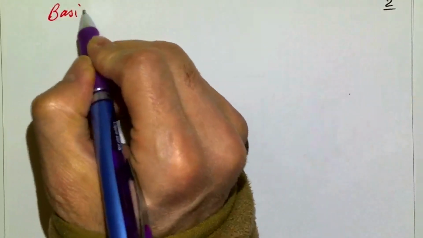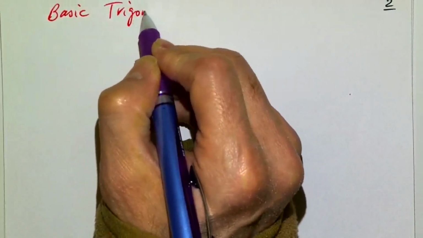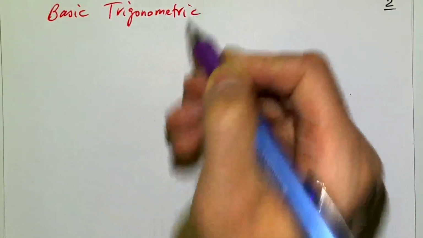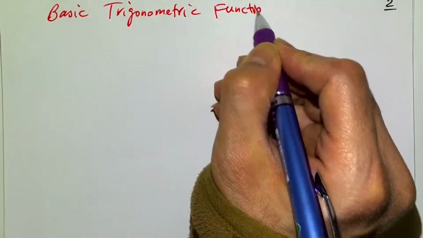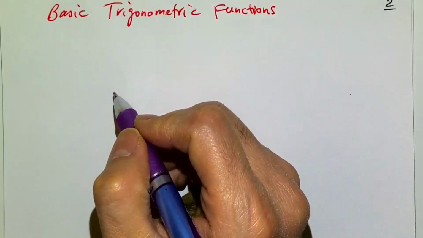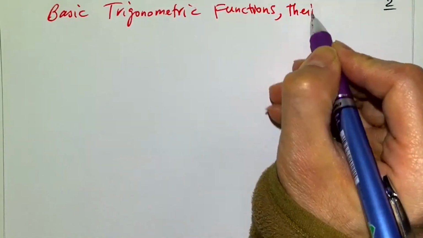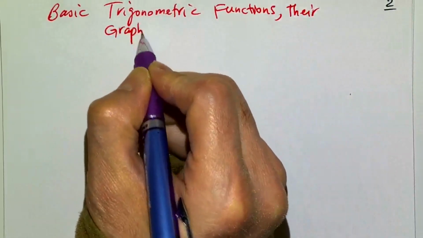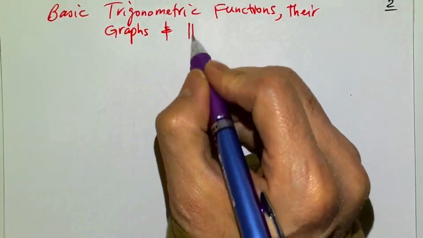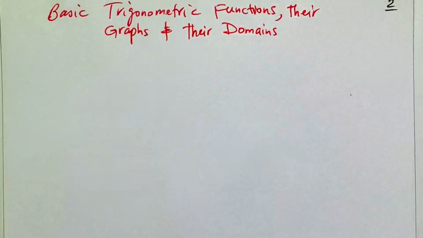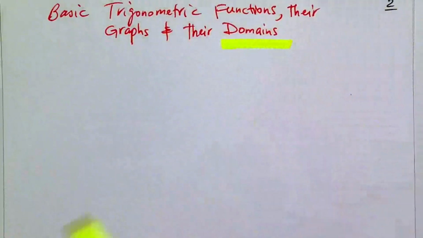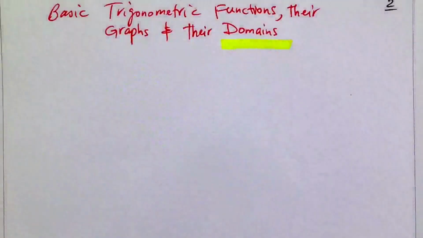So we want to write this: basic trigonometric functions, their graphs and their domains. The emphasis is, of course, on the domain, but the graphs are important too, so let me also highlight that.